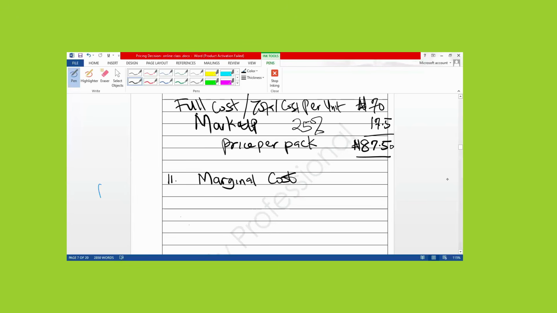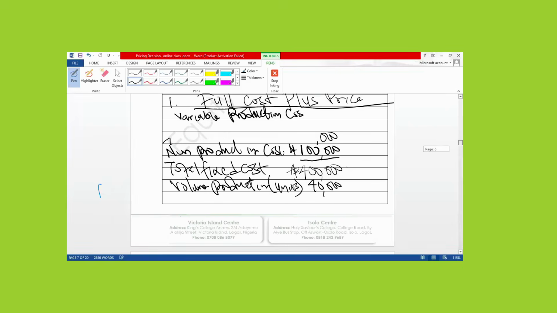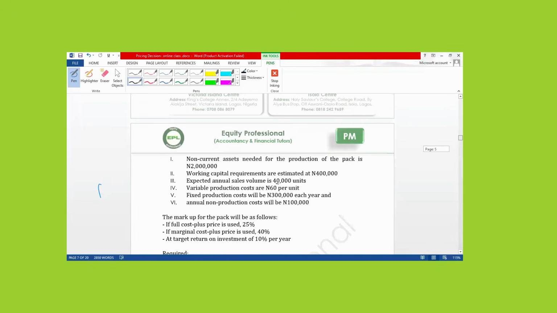Assuming there's information on depreciation, maybe 25% per annum, are we going to bring that depreciation into this full cost, into the total cost? All right. Assuming there is depreciation.